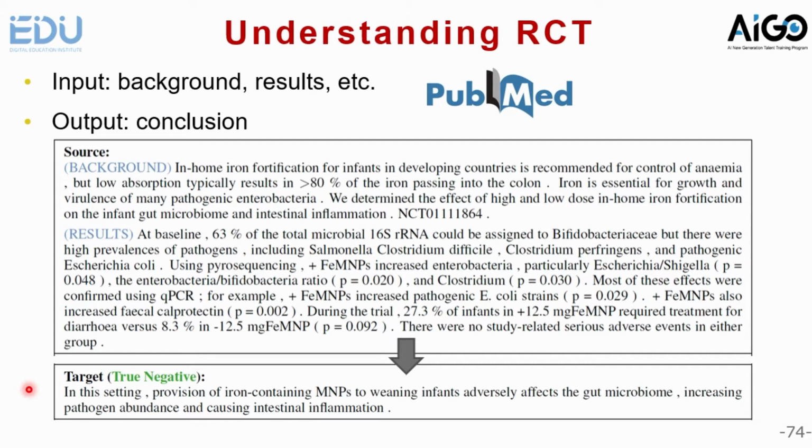Then we want our model, based on the source, to directly generate the conclusion. Based only on the objective and the result, it will automatically generate the conclusion and tell us whether this drug is positive or negative, or there is no difference. We want to directly generate this natural language conclusion.